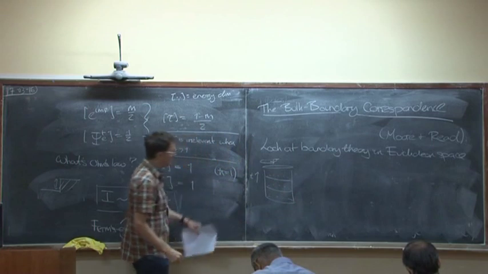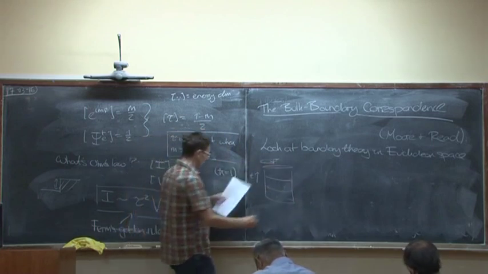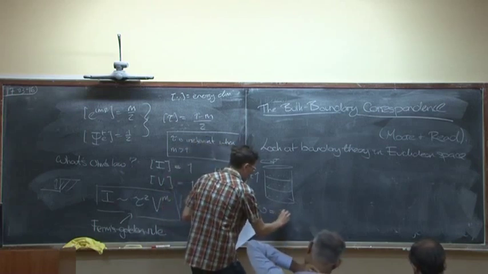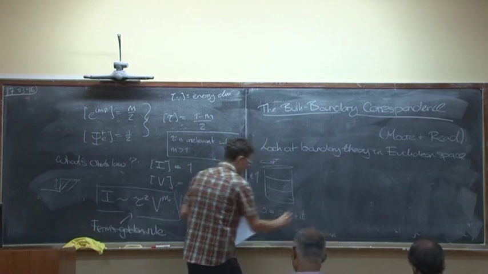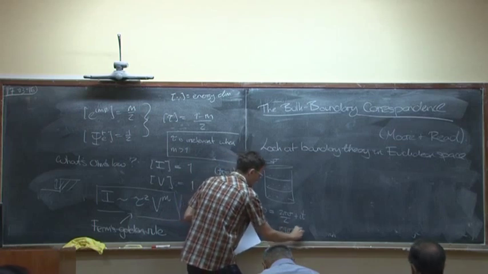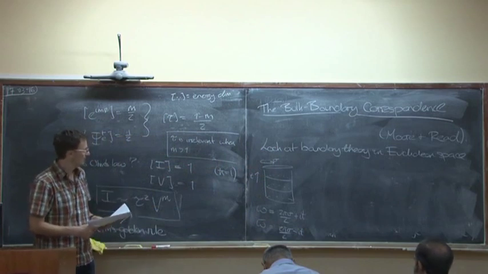Then in Euclidean space, we can parameterize the boundary of this cylinder, which is where the edge modes live, by a complex coordinate w, which is 2 pi sigma over L plus i times tau. Of course, w bar is the same thing, but with minus i times tau.